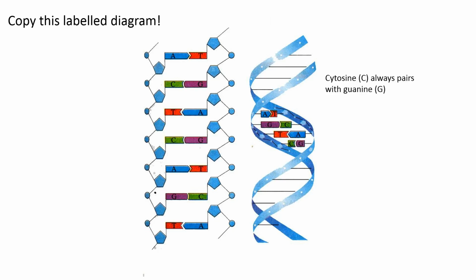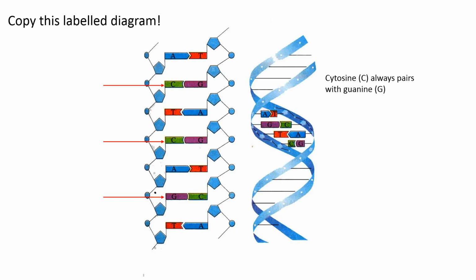Likewise, cytosine, which is the letter C, always pairs with guanine, which is the letter G. And we see that all the way down the chain as well. So the C and the G also have a complementary shape. So the G is sort of a forward bulging arc, where the C is an inward bulging arc.